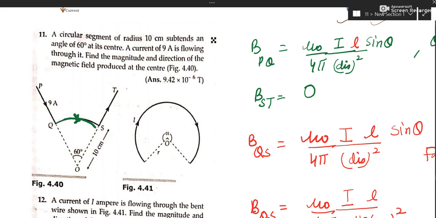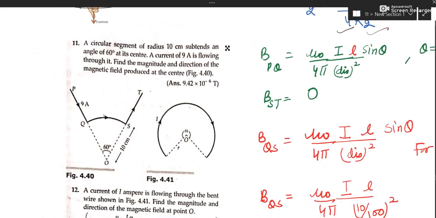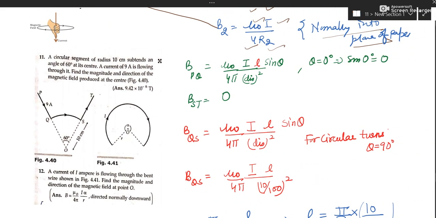This is not a full circle, this is not a semicircle, so we'll take help of Biot-Savart's law: mu naught by 4 pi, I L sin theta by distance squared. This is for these two portions. Point P is lying on the line, so its angle is 0. So the magnetic field is 0.